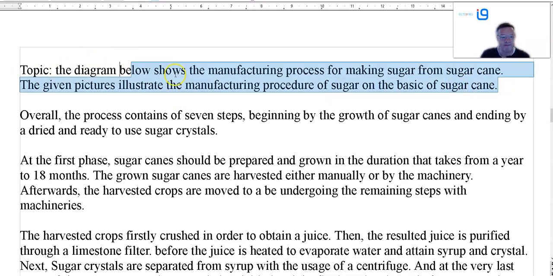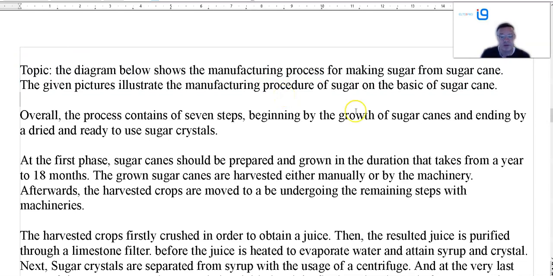So I copied this from what the author posted, so I don't know if that's supposed to be the title, and this is it. We don't actually, but that's basically saying the same thing twice. On the basic what? Of sugarcane. Manufacturing procedure. Well, it's not a procedure, it's a process.